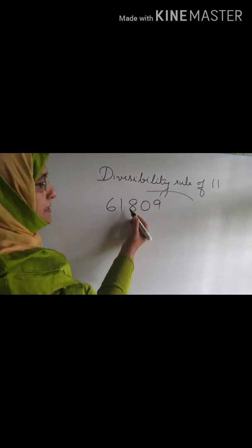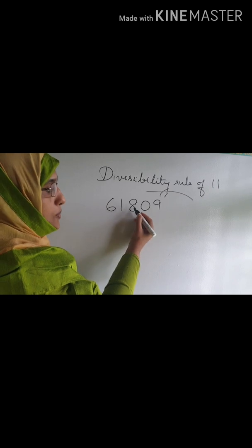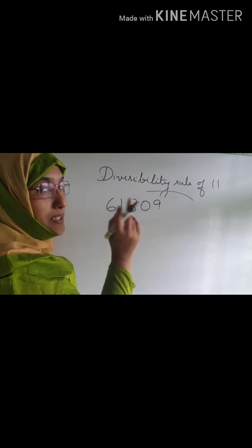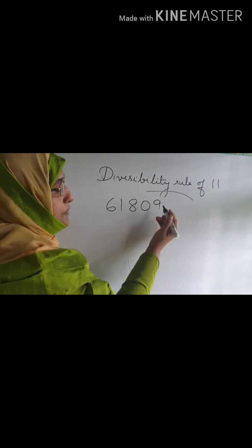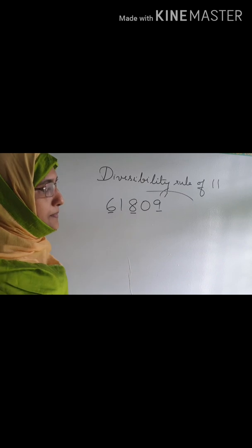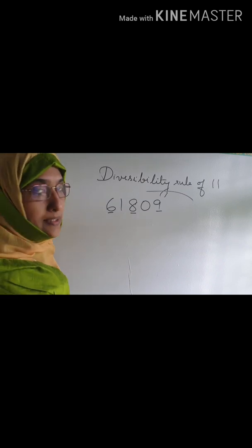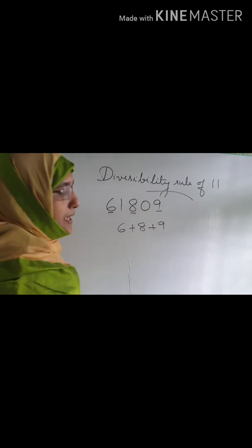Okay, and the number 61,809. So what is the first step? Start from the right side, take alternate numbers. So which are the alternate numbers here? 9, 8, 6. Then what will you do? Add it. 6 plus 8 plus 9.